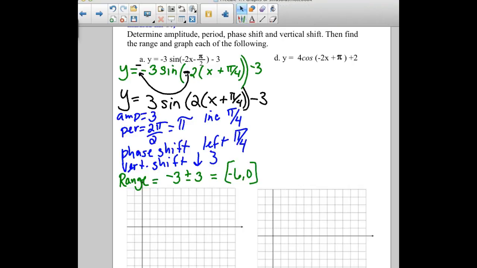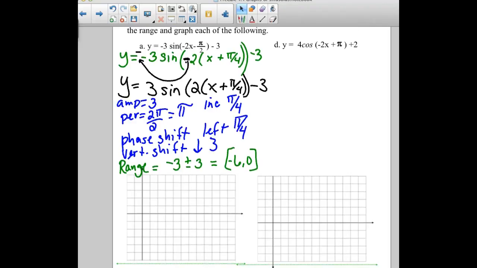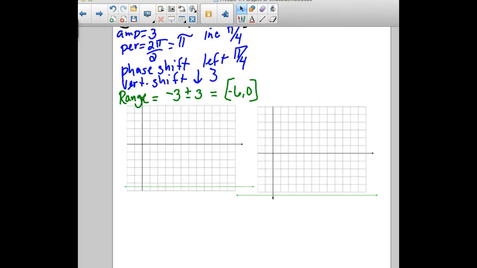So have we identified everything that we would need to do in order to get our picture drawn? All right. Where should my dotted line go? At -3. Okay. We are bouncing between -6 and 0 for our range.